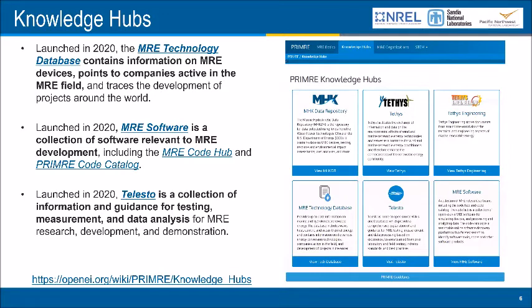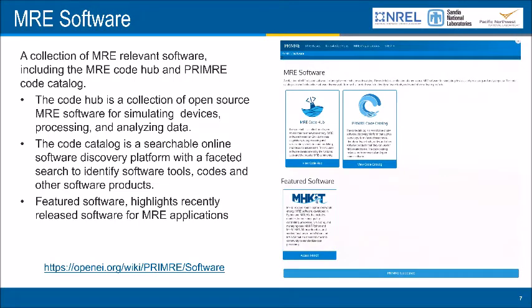In terms of MRE Software, one of the knowledge hubs, like I said previously, it's a collection of MRE relevant software, includes the Code Hub and the Code Catalog. And just to distinguish between the two, the Code Hub is primarily a collection of open source MRE software that's relevant for simulating devices, processing data, analyzing environmental effects.